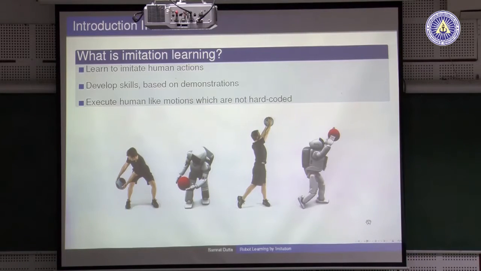Fine. So, what is imitation learning? It is how to learn or imitate human actions. We develop skills by watching people, like when we start playing table tennis. We gradually learn by seeing how others play. So, we improve skills by imitating others.